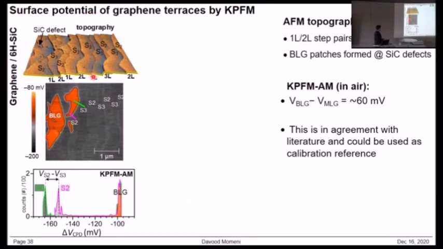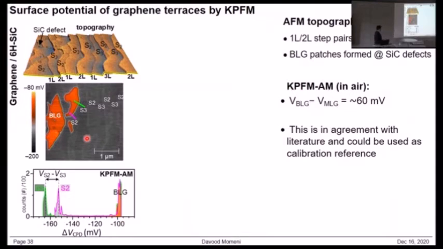In this image, you can see the surface potential of the same area. These red-like areas are attributed to bilayer graphene, so you can see the surface potential increases when we have bilayer inclusion. But besides the bilayer inclusion, which happens at some defects on the surface, we also have surface potential contrast on the neighboring terraces.